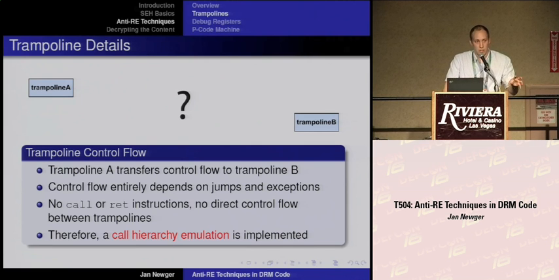That means there's really no direct control flow between A and B because everything goes through the exception handlers. And therefore, we have a call hierarchy emulation, because if you only jump to a trampoline, the trampoline being jumped to cannot just return because there's no return address on the stack.